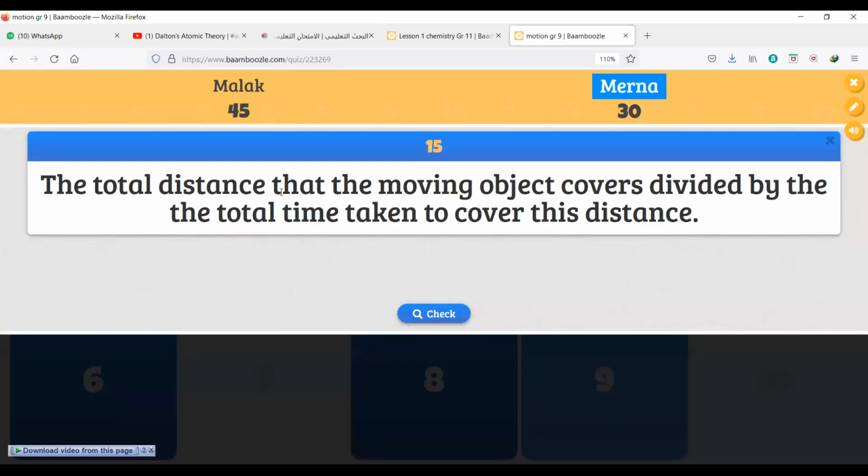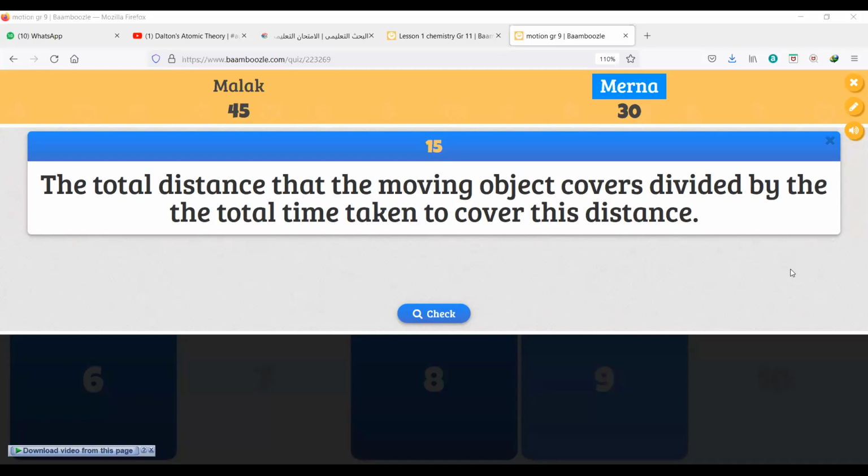Okay, here the question is: the total distance that the moving object covers divided by the total time taken to cover this distance. What is this? When we divide the distance over time, it is how much distance I need to cover in a specific time. It's for the other team.